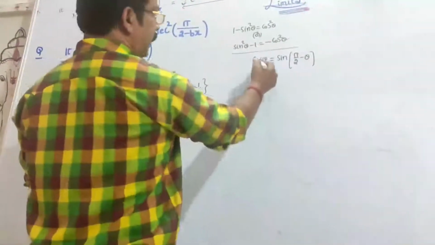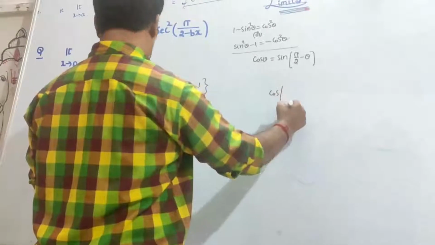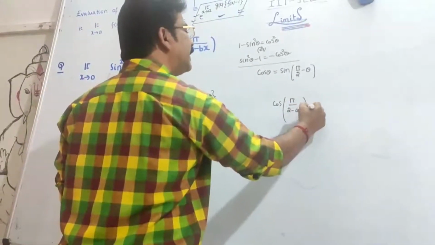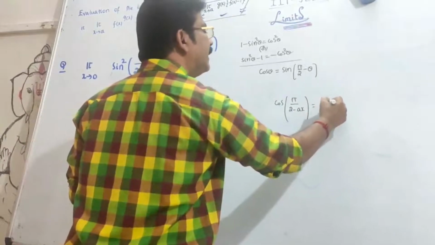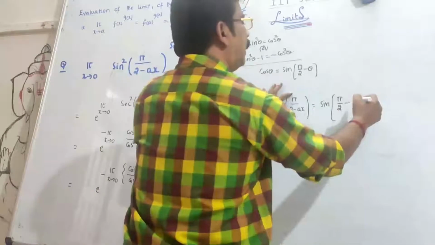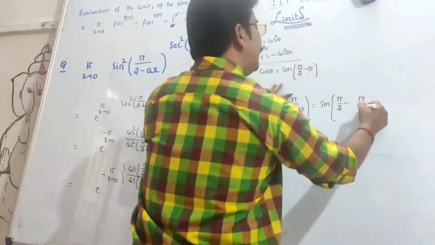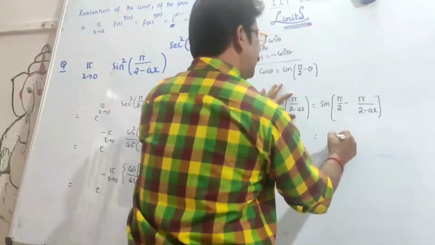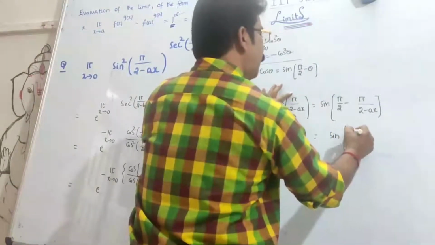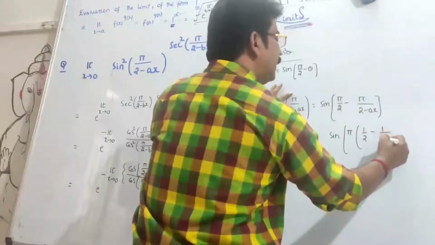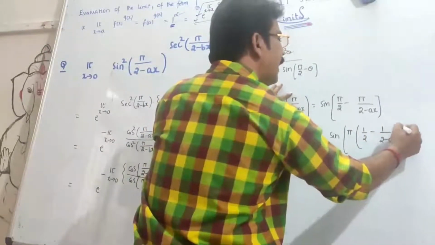Cos theta, meaning cos of (pi by 2 minus ax), can be sine of 90 minus theta, where theta is pi by 2 minus ax. That is equal to sine of pi into (1 by 2 minus 1 by 2 minus ax).